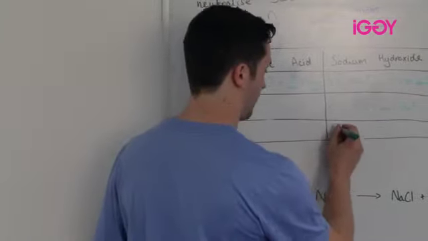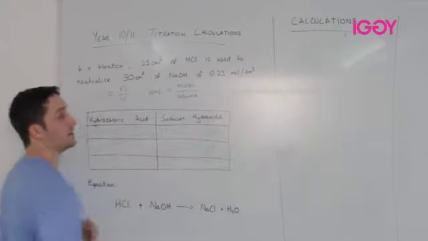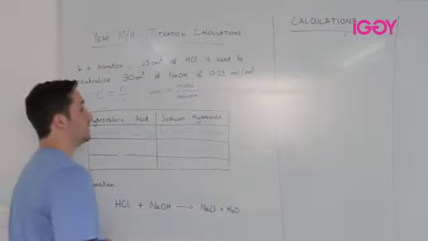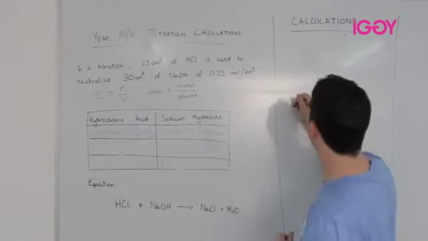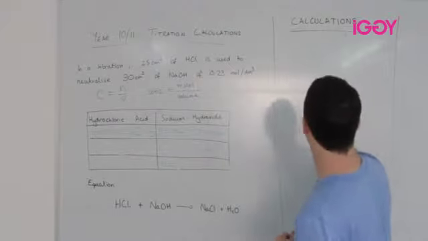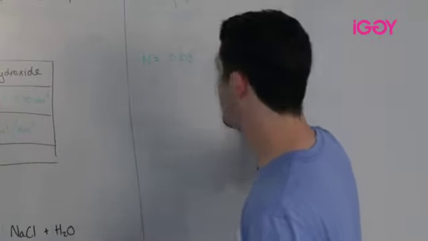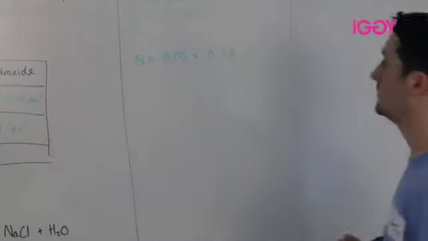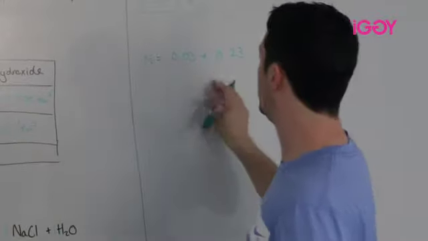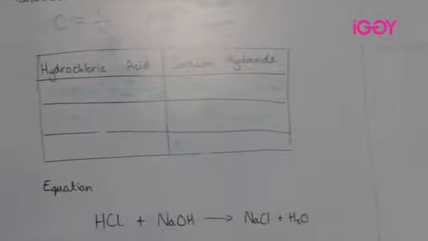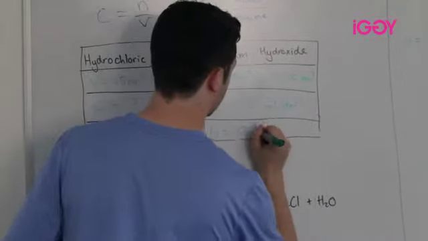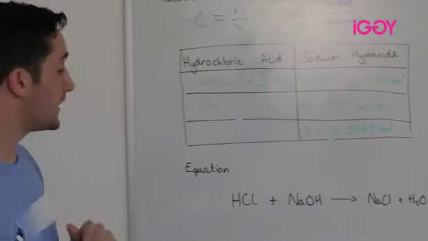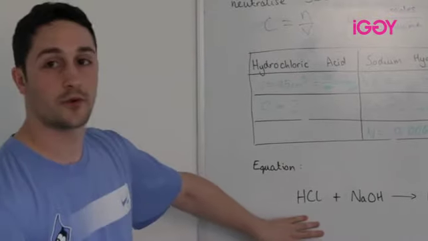We need n, so we can use our triangle, and we said if we need n, we can do C multiplied by V. So n equals 0.03 times 0.23. Let me double check that number, and that gives us 0.0069 moles.